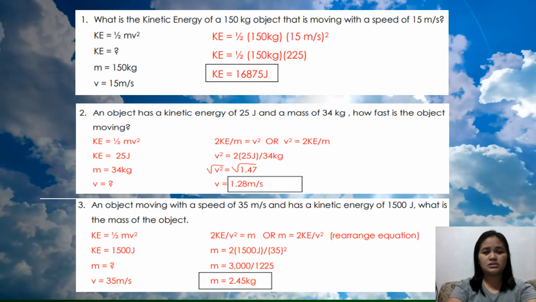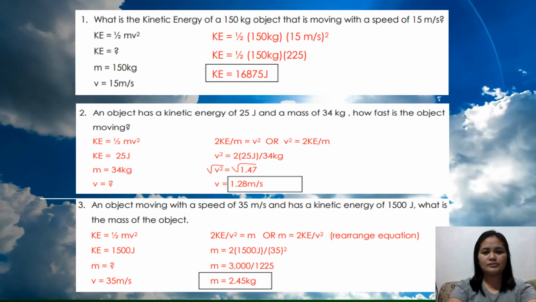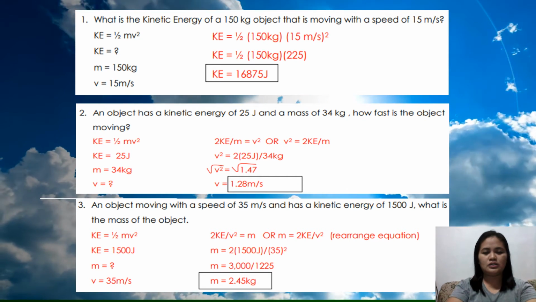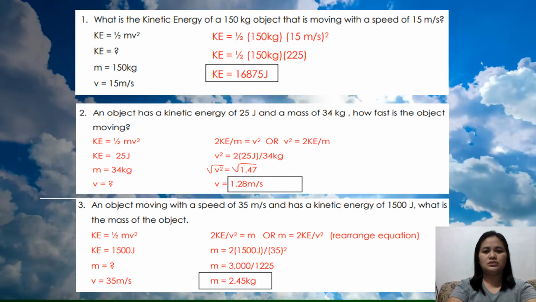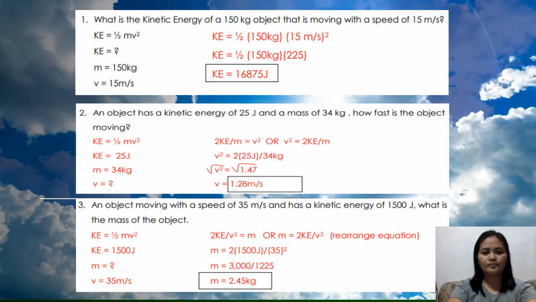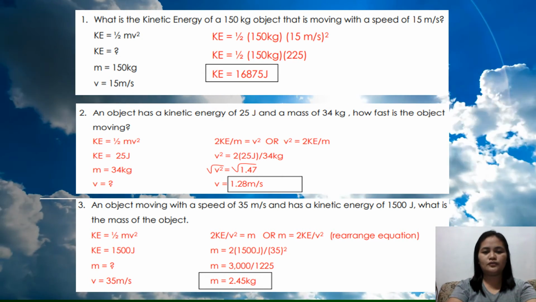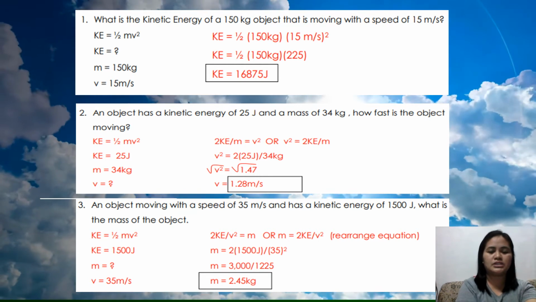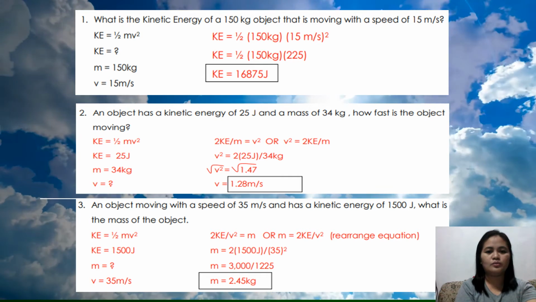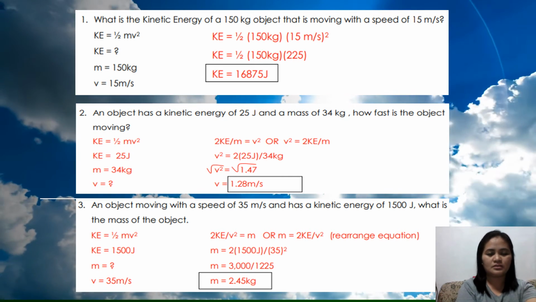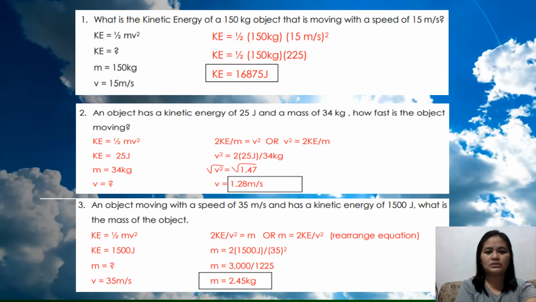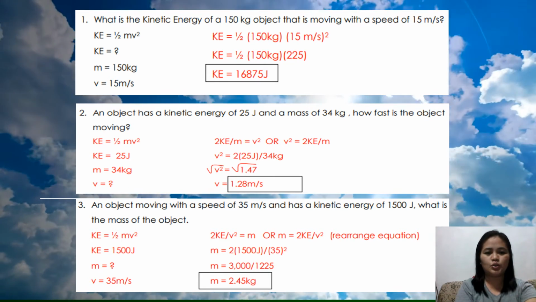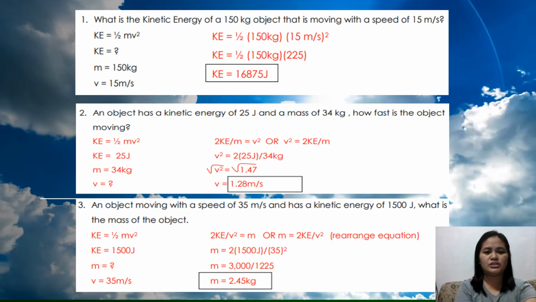So, KE is equal to 1/2 times mass times velocity squared kanina. Substitution, KE equals 1/2 or 0.5 times 150 kilograms. And then, yung square ng 15 meter per second is 225. Multiply them. That will give you 16,875 joules. Kinetic energy yon.